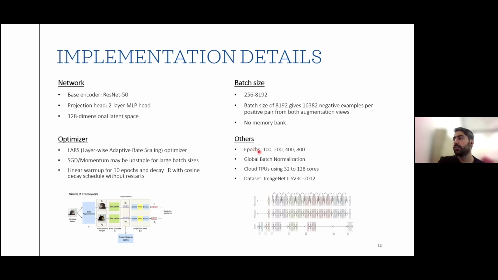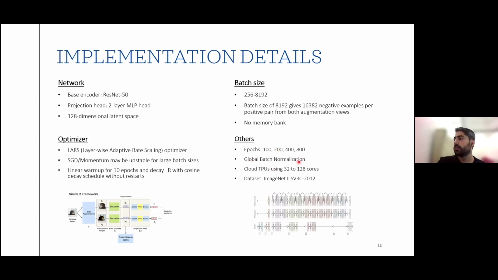And then they trained with multiple epochs, 100, 200, 400, and used a global batch normalization. So instead of normal batch normalization, they computed the statistics from all the GPUs, averaged them, and used those statistics across the different GPUs instead of a single GPU computing its own statistics.